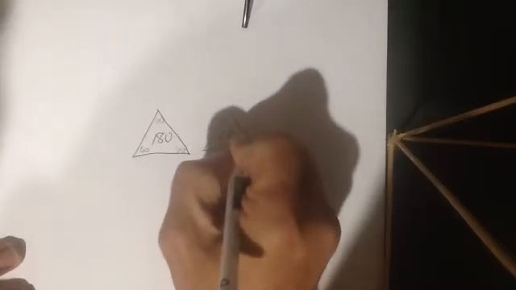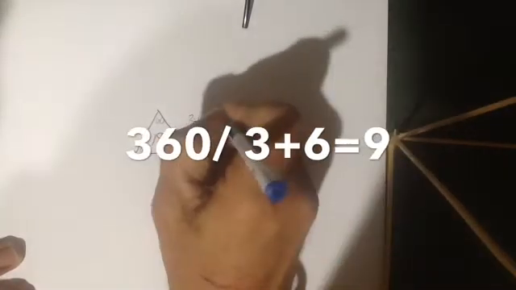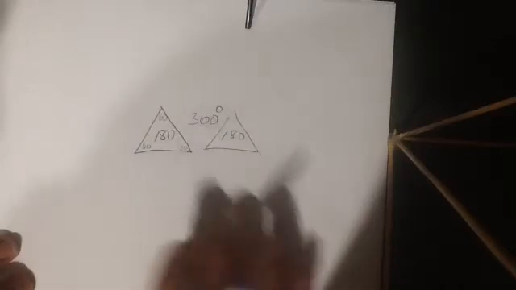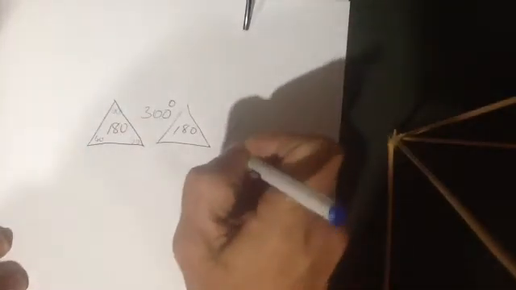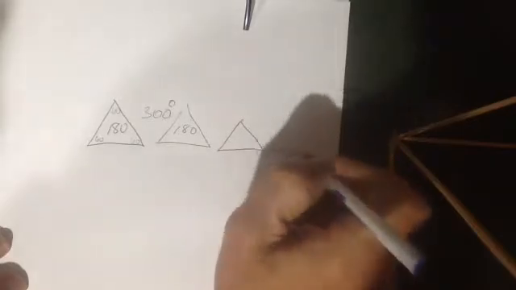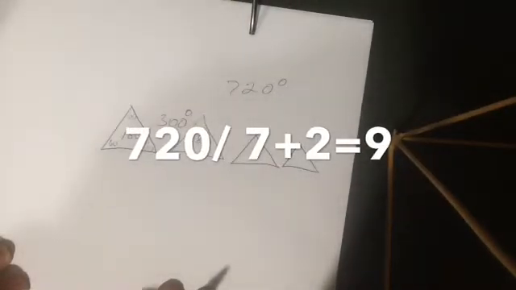But there are 8 triangles. So if we do 2 of them, that is 360 degrees, 180 degrees plus 180 degrees. 4 would equal 720 degrees.